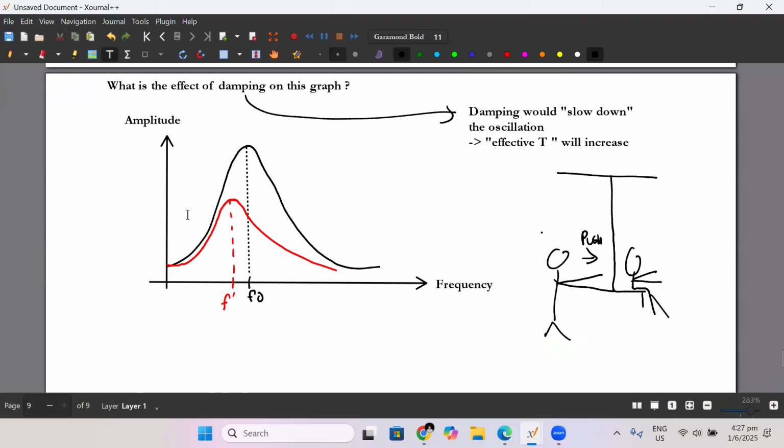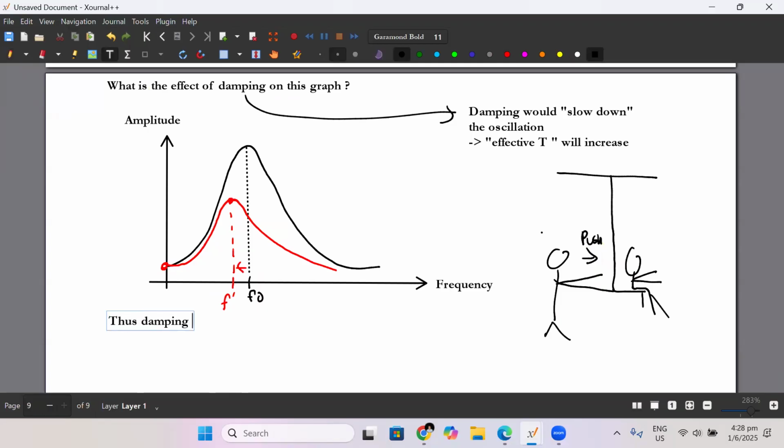The main idea is the amplitude will not be as high as before, except for when the frequency is zero. Why? Because if the frequency is zero, that means you're not even pushing anything. That's why this point is still the same. But all other frequencies are lower, so the amplitude is lower, and the maxima occurs to the left. So we can think of it this way.